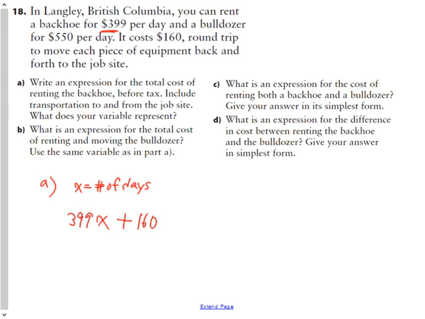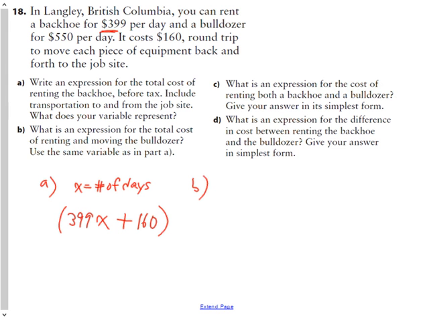So for example, if I rented it for 2 days, it would be $399 times 2 days plus the $160 to get there. But this expression is the algebraic expression that represents the cost for the backhoe.